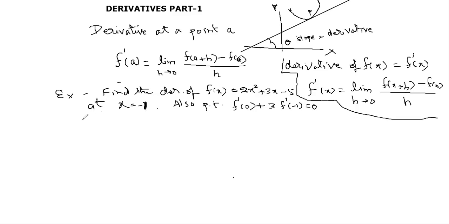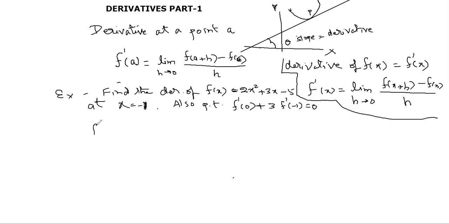So first of all we have to see how to find the derivative, and we have already seen how to calculate limits. First we have to find f dash at minus 1. Then f dash at 0 is also asked.